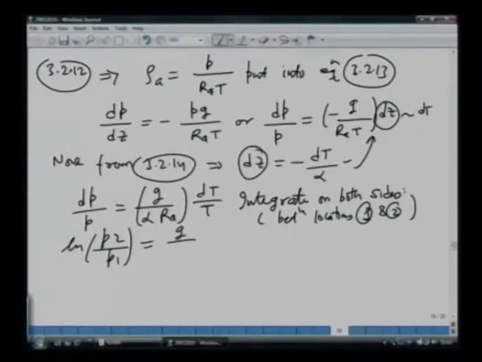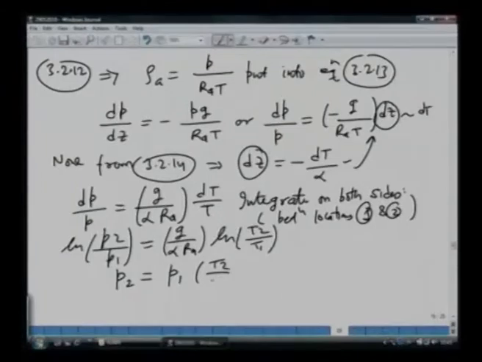g over alpha R_a is constant. So, that will remain outside, and when you integrate dT over T, it will be natural log of the same thing, t2 over t1. And then you make slight readjustments, which will give you p2 as p1 times t2 over t1 raised to the power g over alpha R_a.